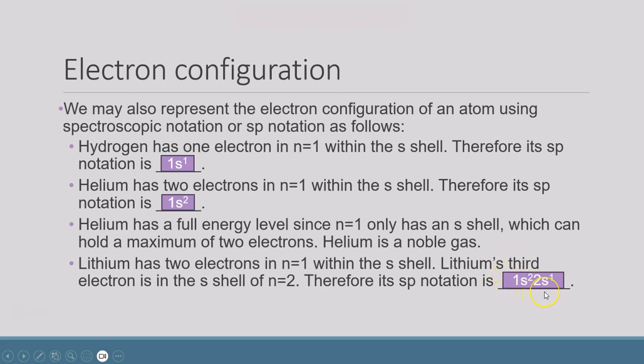And the third electron is going to go into the s shell of the second energy level. If we add up these superscripted numbers, 2 plus 1, that adds up to 3. And that is the number of protons in lithium, which is equal to the number of electrons in a lithium atom, provided that the lithium atom is neutral.